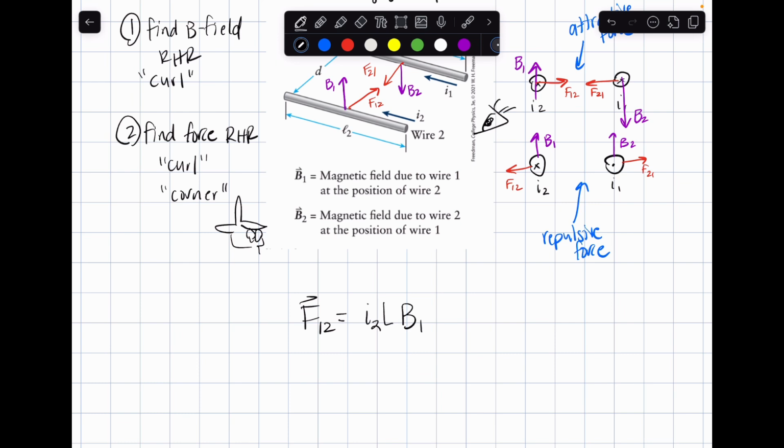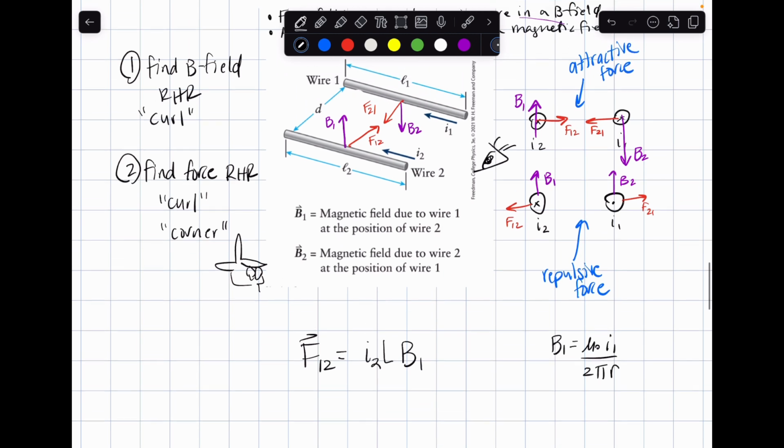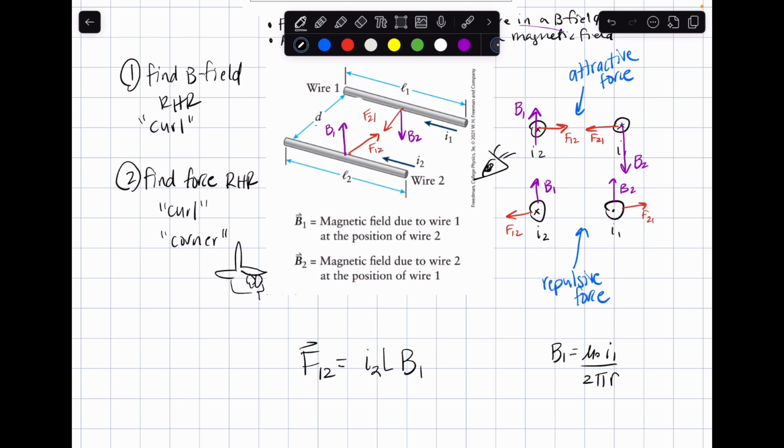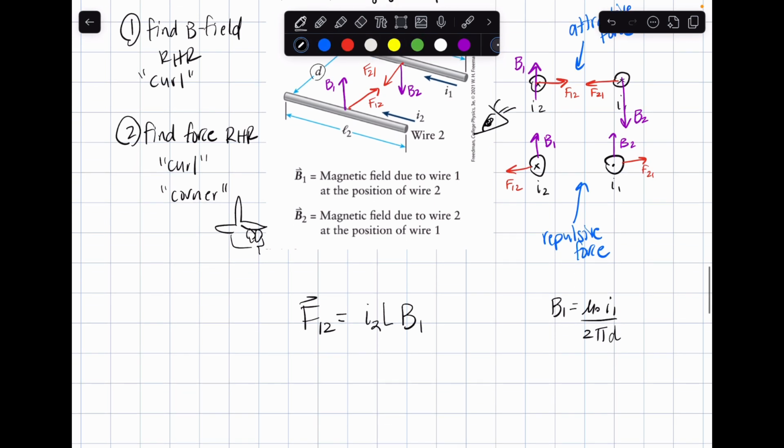So I'll just put that subscript 1, okay? ILB, and it's all 90 degrees, so the sine of 90 is 1. What is B1 here? Well, B1 is mu naught I1 over 2 pi r, right? In this case, if we look at this picture, our r is d. So let's just go ahead and write d. So we're going to plug that into the force equation.